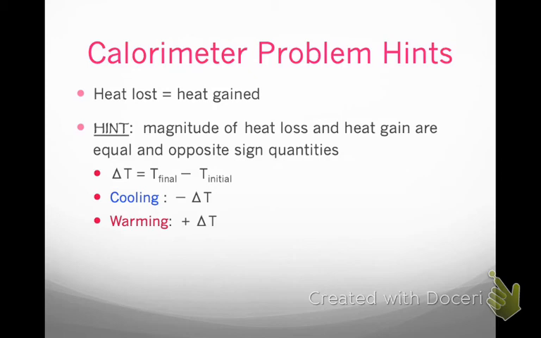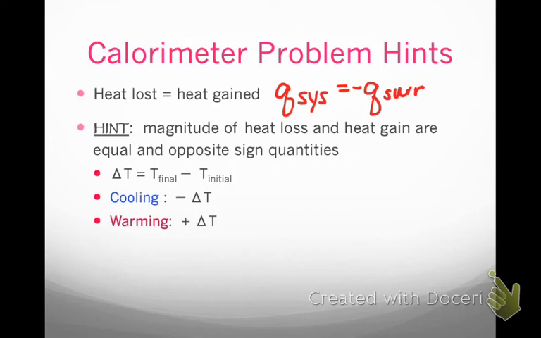Because as one thing's going up, the other thing is going down. So I want you to think of this in terms of the system and the surroundings, where Q of the system equals negative Q of the surroundings. So we're going to have same magnitude but opposite in signs.